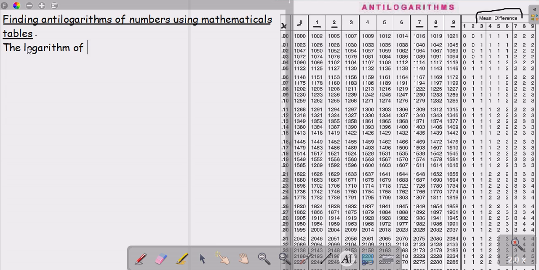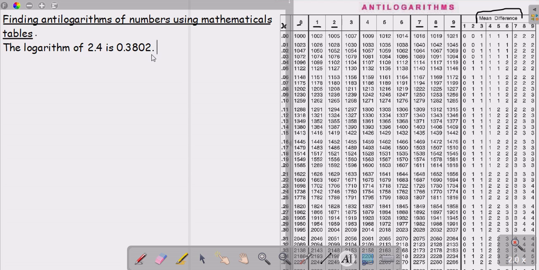So let us just say that the logarithm of 2.4 is 0.3802. When we use the logarithm tables to get the log of 2.4, the answer which we get is 0.3802.